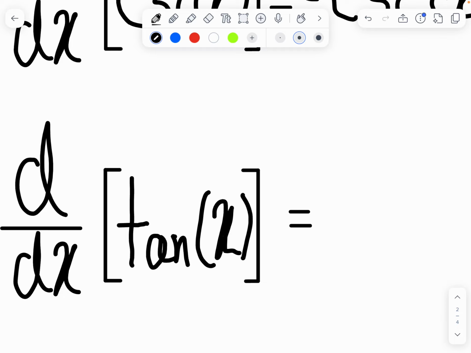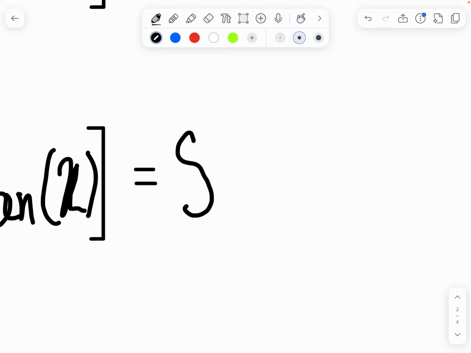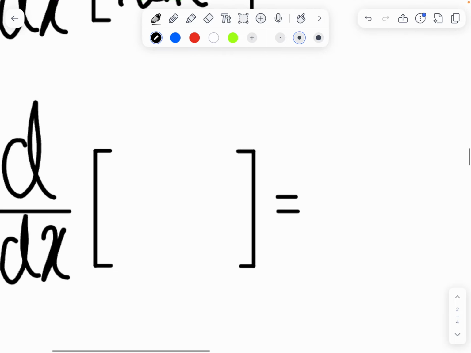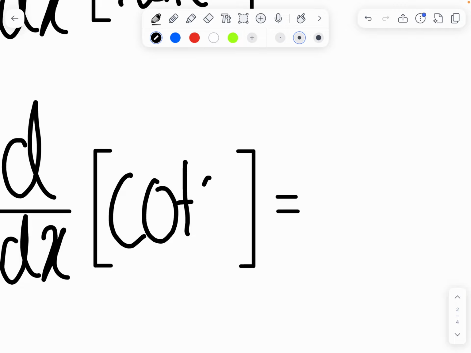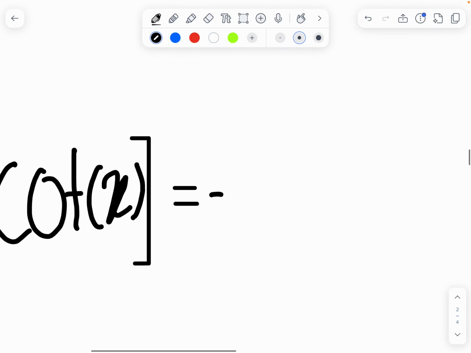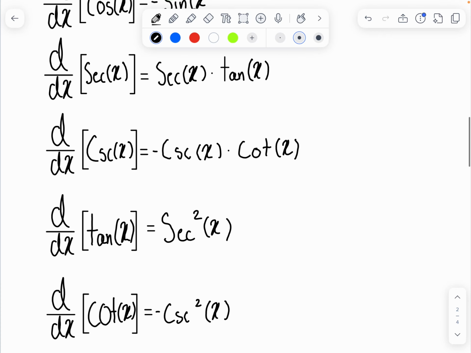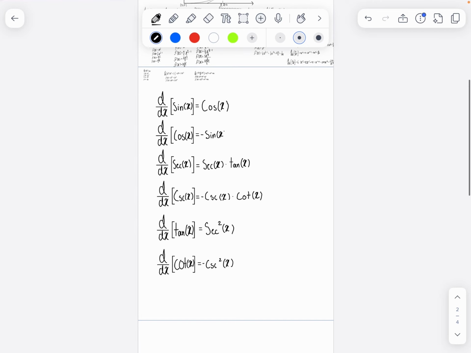The derivative of tangent x is secant squared x. The derivative of cot x is negative csc squared x. Okay, so I'm going to give you 2 minutes just to copy these down.